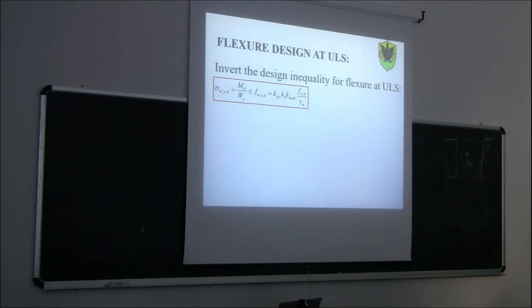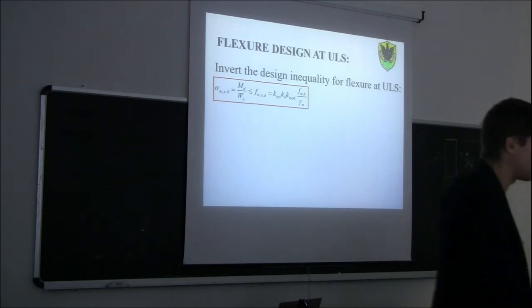Well, we don't know the size, but we know that above 600 millimeters, k_h is equal to 1. Now we're talking about a beam which is 1,500, so for sure it's above 600 millimeters, so we know k_h will be 1. Do we know k_mod? Yes, because it's related to the load condition. So k_mod is given, it's 0.9 in this case.